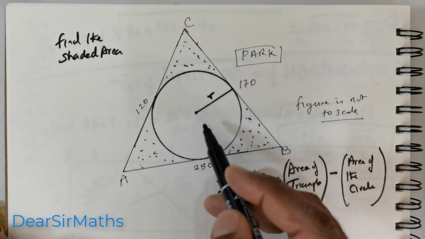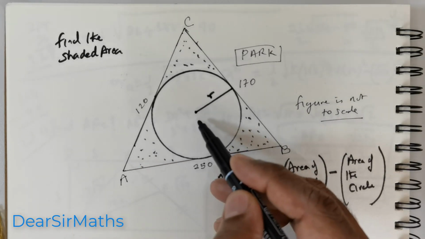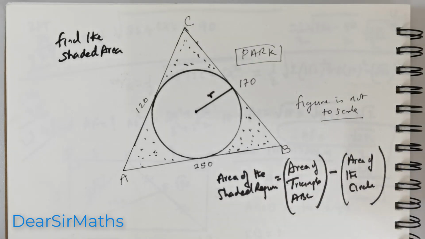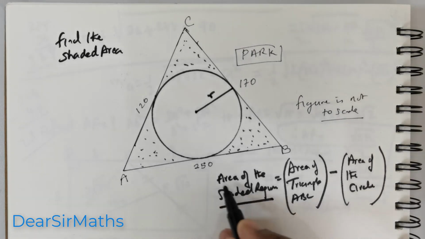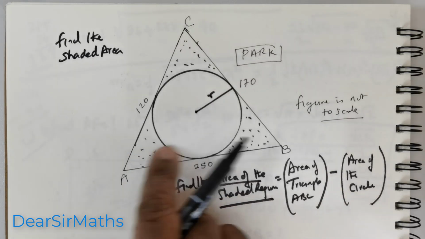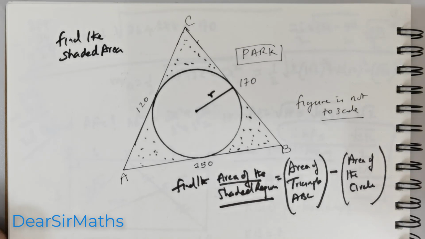And similarly we can go on and go forth in connecting the center with the base of the triangle. So this is the explanation for the question, and this is the requirement: find the area of the shaded region. So all these areas need to be calculated.